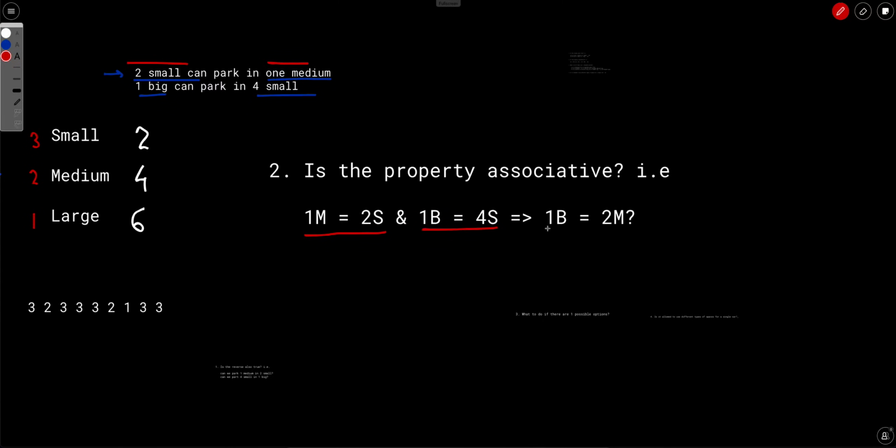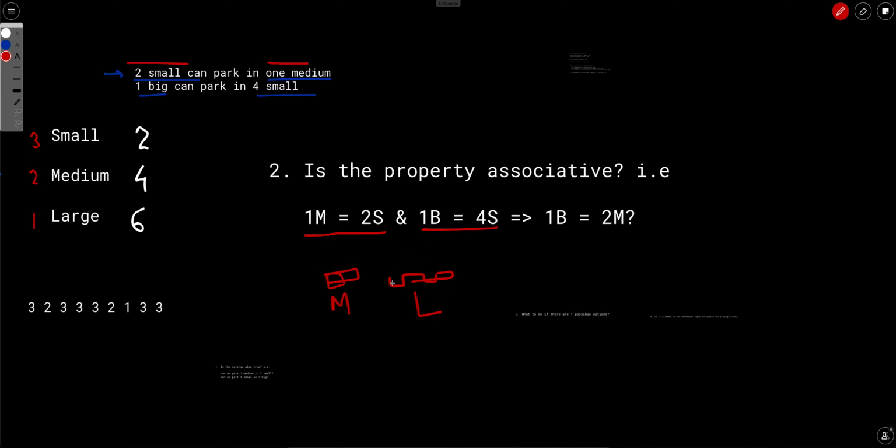So does it also mean that one bigger space holds two medium cars or not? So basically, if there is a medium space, two smaller cars can be parked here. Similarly, if there is a large space, four smaller cars can be parked here.